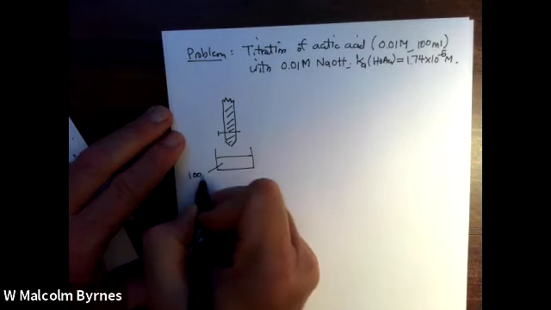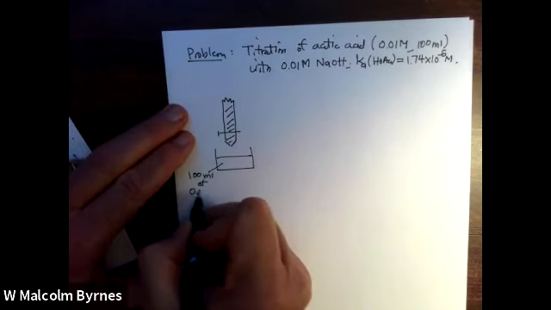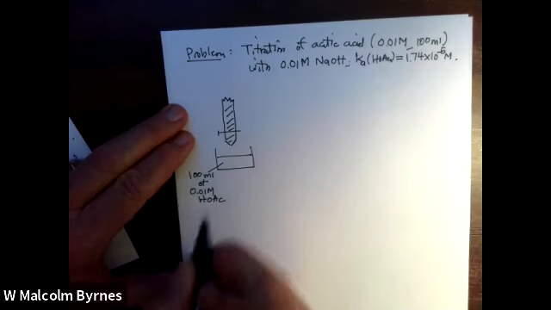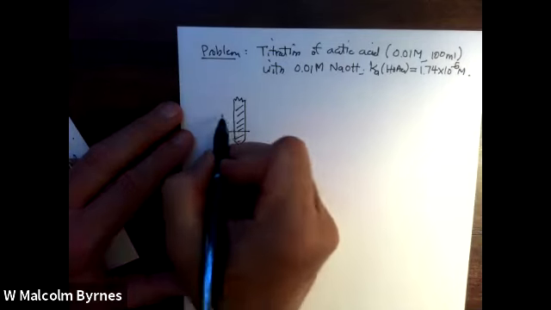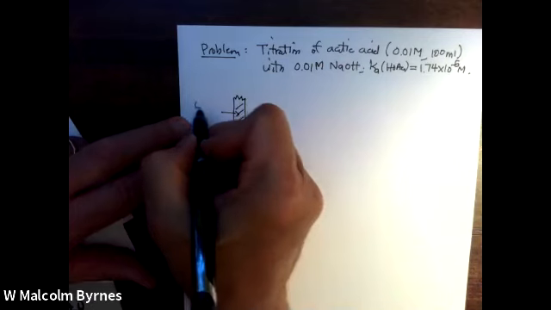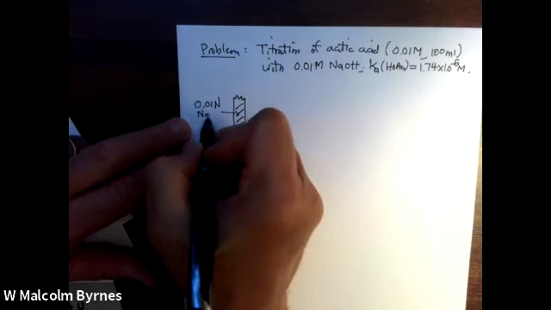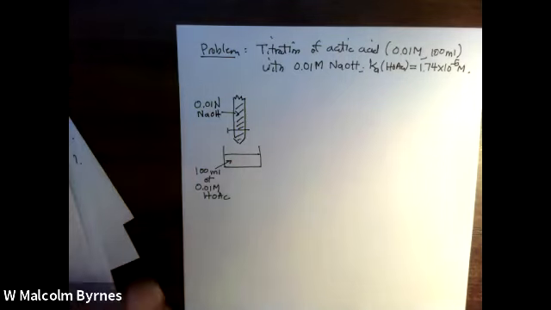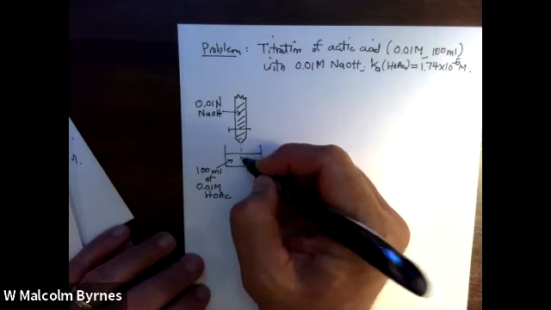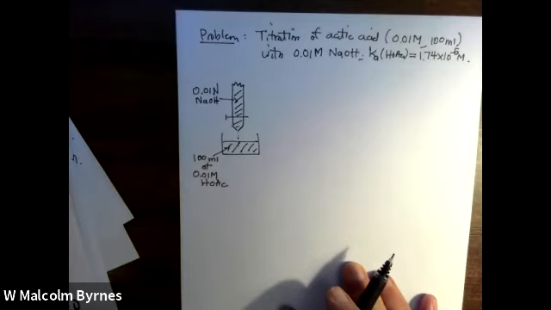We have 100 milliliters of 0.01 molar acetic acid. Here we've got our 0.01 molar sodium hydroxide solution, and we're going to add this in to titrate this weak acid.